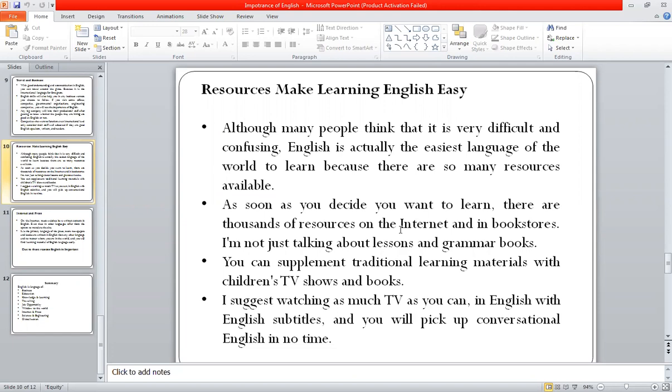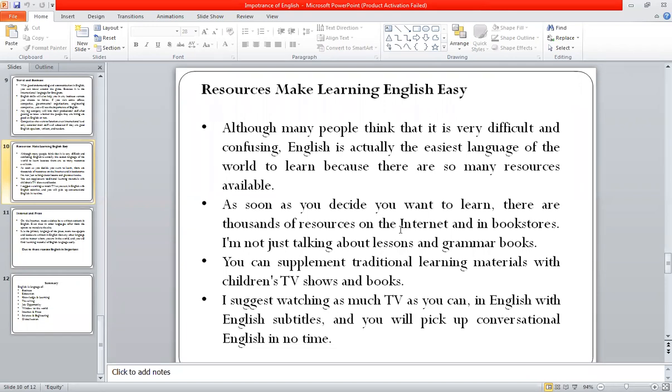Many people think that English is a very difficult and confusing language, but English is actually not difficult. It is actually the easiest language in the world to learn because there are so many resources available.